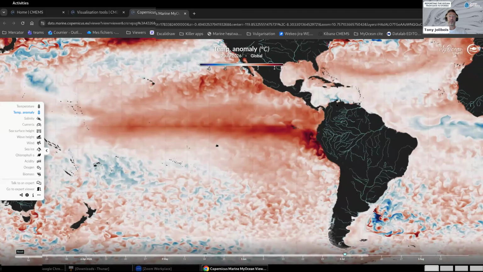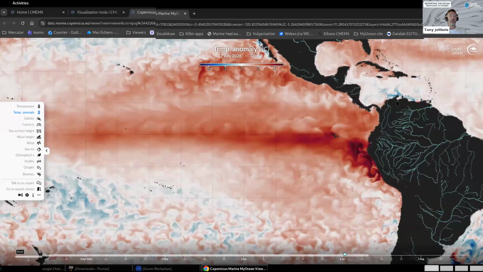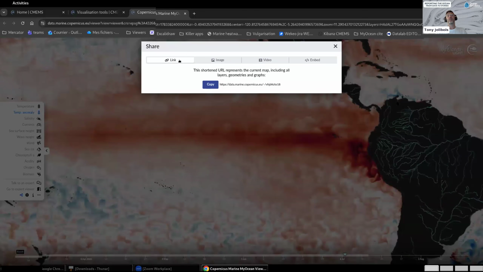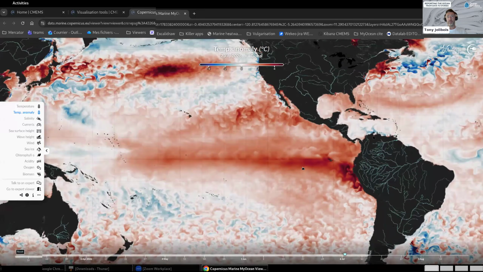So if you want to illustrate El Nino, you can have this map, and to export an image, you have this share button here in the layer control, and you can share a link for another user to access exactly the situation you are seeing with the viewer, but you can also download an image, and you will have the color palette and so on, the good things to have for an image to share.